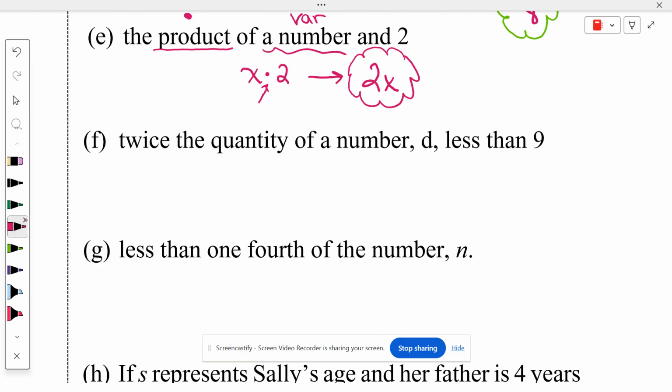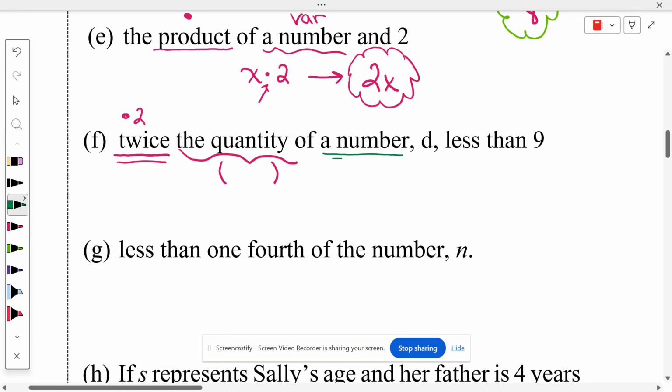Ooh, twice. We had twice at the very beginning. Twice means we're going to multiply by 2. What are we multiplying by 2? The quantity of. The phrase the quantity of says, hey, you better use a grouping symbol. You need to use a parenthesis. What are we putting in a parenthesis? A number, which is a variable. What variable are we using? Well, we're using the variable d.